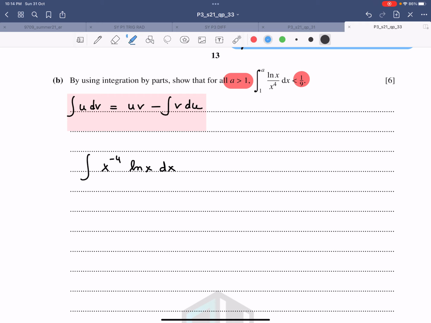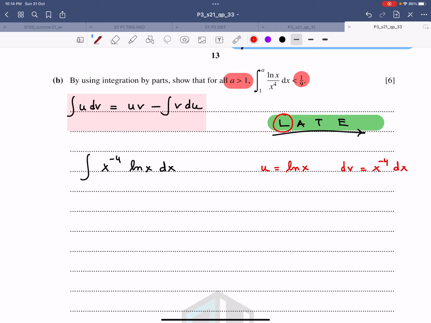Now, when we apply the rule LATE for choosing u in integration by parts, what is the rule? L for log, A for algebraic function, T for trig, E for exponential. This is the rule. So therefore, u has to be log. So u is ln x and dv is x to the power of minus 4 dx.